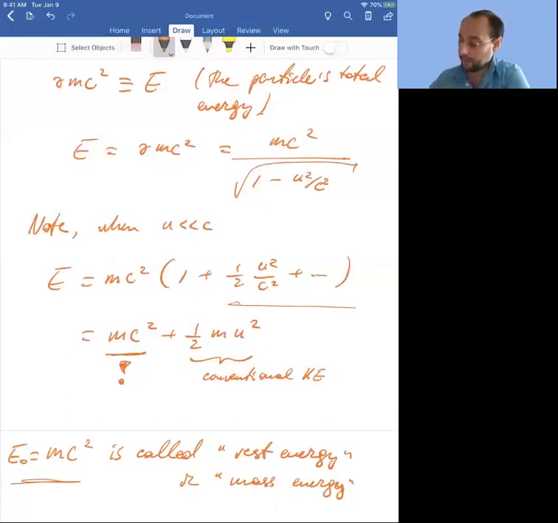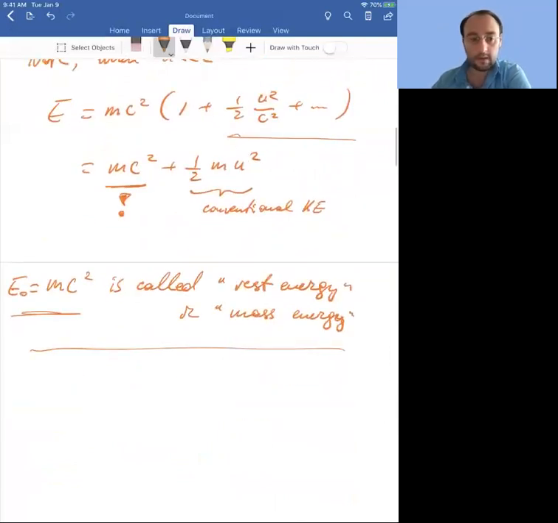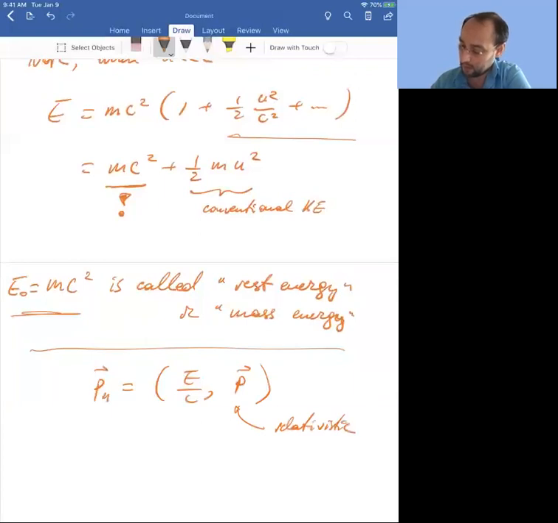Okay. In any case, for now, the four momentum is made up of two parts, and it can be written compactly as E over c and the relativistic momentum. Not the ordinary momentum, but the relativistic momentum, the spatial part of the four momentum. And note that the split of the four momentum into energy and relativistic momentum depends on a particular frame.